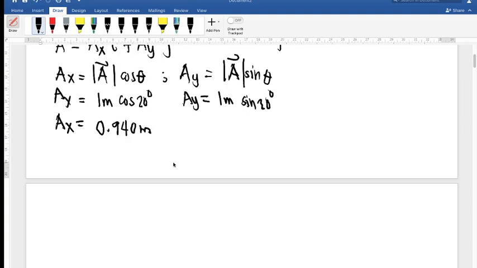You can check in your calculator if you have one beside you. Your A_y is 1 meter times sine 20. So sine 20 times 1 is approximately equal to 0.342 meters. Do not forget the unit, meter. So that is how easy it is to get the components.